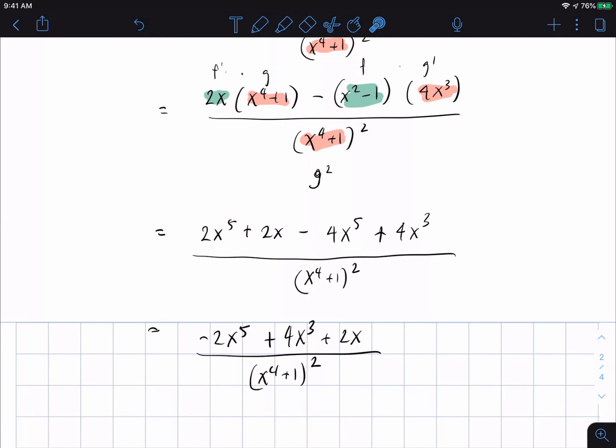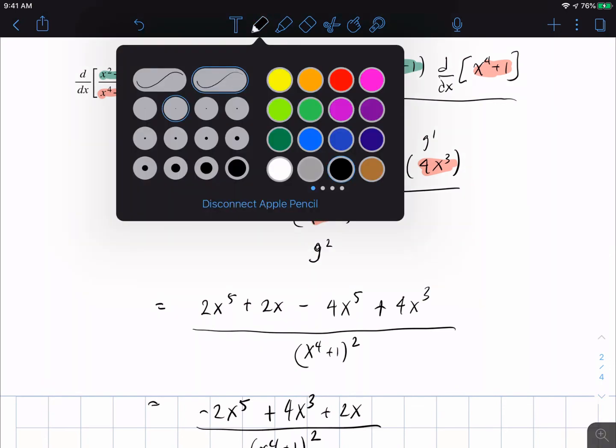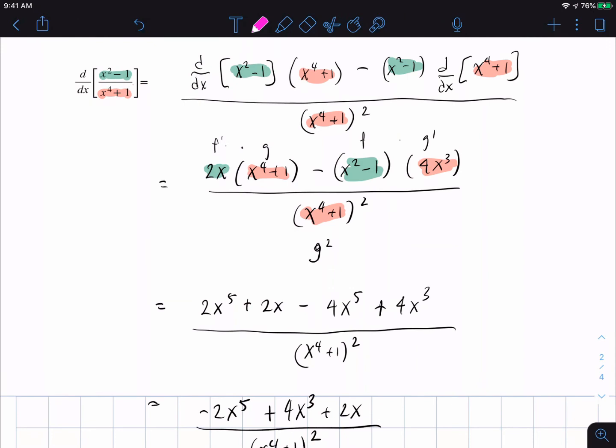So like let's say that in this example, if this had been a square, then there would have been an x to the fourth plus 1 throughout that would have canceled. Does that make sense? Because then this would have ended up having 2x to the first, but we're not ready for that yet because that involves another rule called the chain rule. So baby steps.